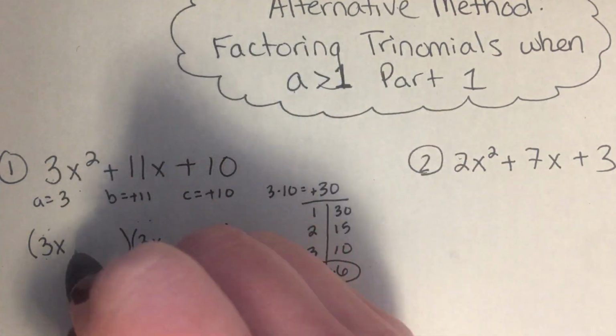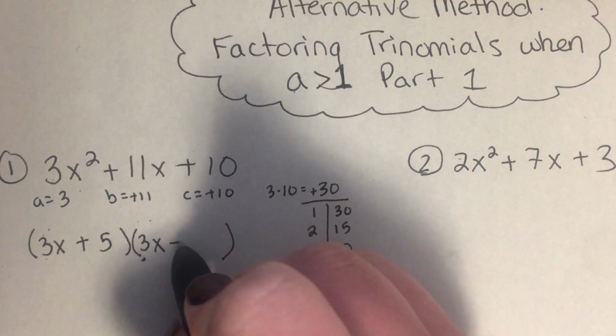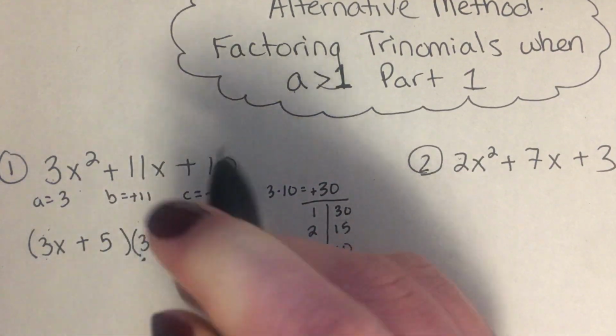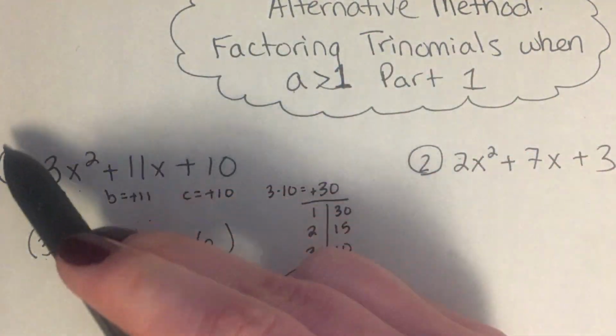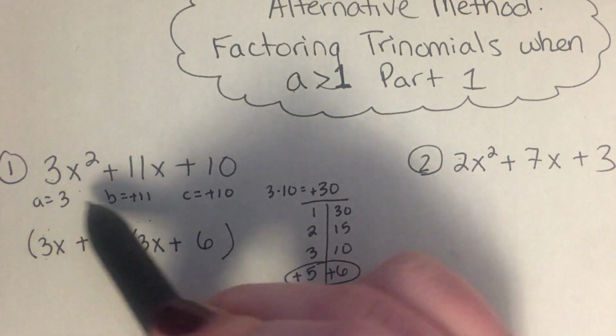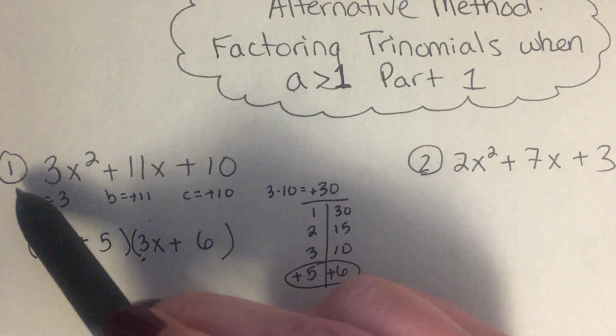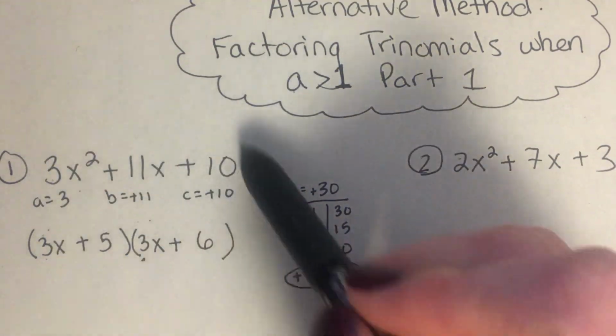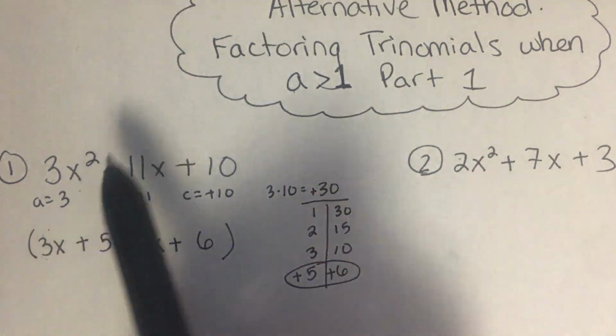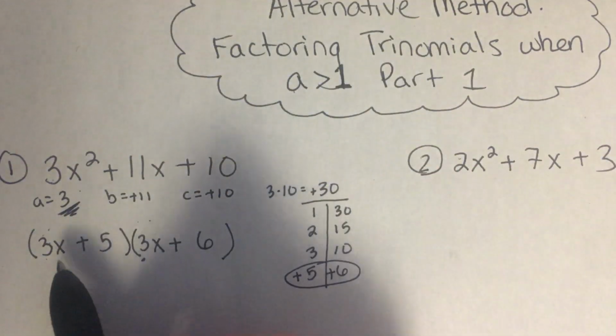Then we're going to take these numbers and put them at the back. So if I multiply this out, it would be too much. It wouldn't be the exact trinomial we have up here. So instead, remember when I said we put in too many 3's? Well, now we're going to have to divide out a 3. So this a, keep in mind, it's going to come from one of these parentheses.